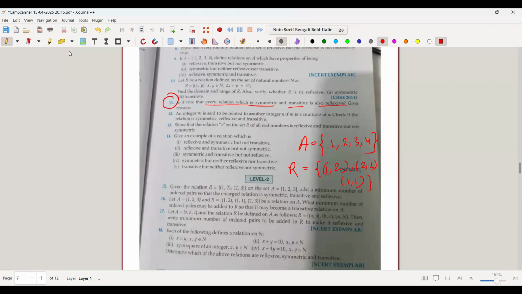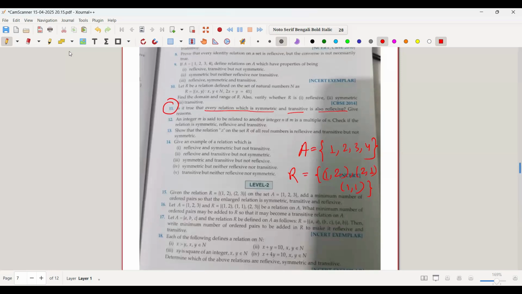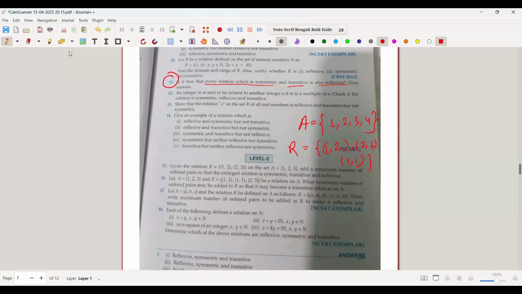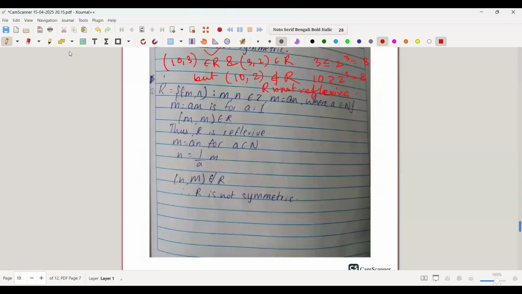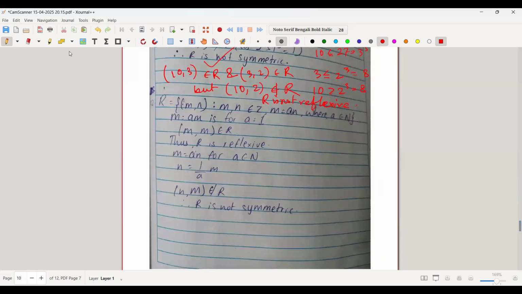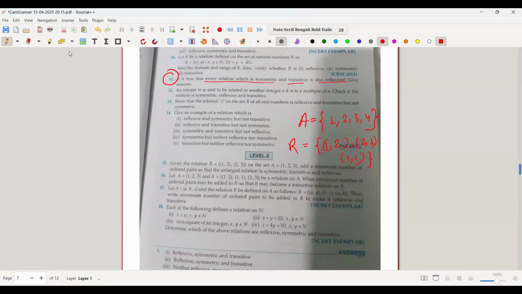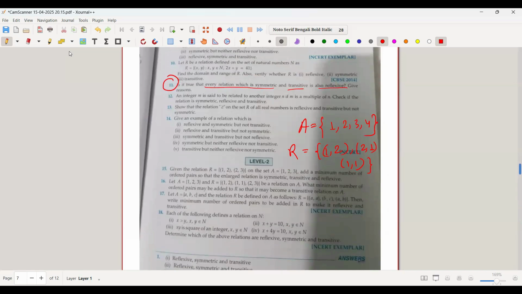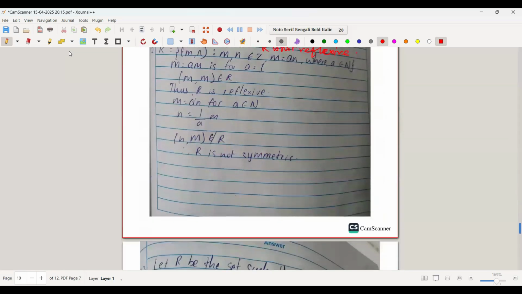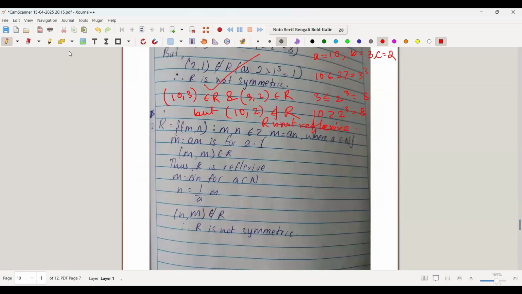Question number 12. An integer m is said to be related to another integer n if m is a multiple of n. Check if it is symmetric, reflexive or transitive. So (m, n) such that m = an, where a belongs to Z, not natural number.